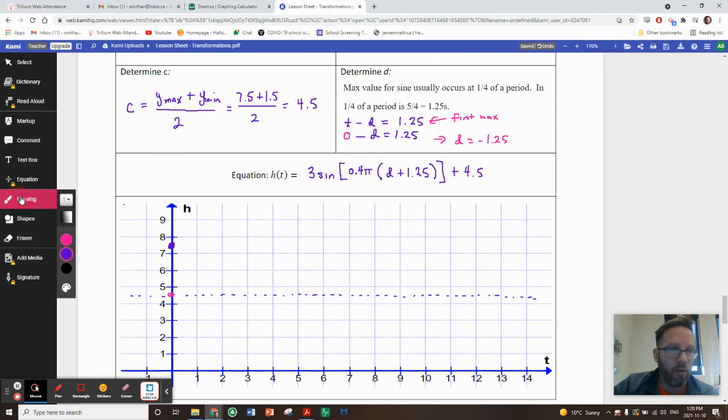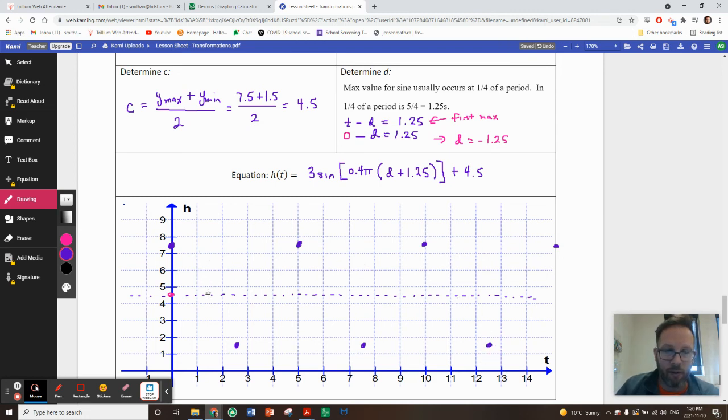Okay, so we know we start there. And our period is 5 seconds. So every 5 seconds, we're just coming back to that maximum after 10 and after 15. Where are we going to hit a minimum? We're going to be hitting a minimum halfway. And that's at 1.5. So halfway, 1.5, halfway, 1.5, halfway, 1.5, something like so.